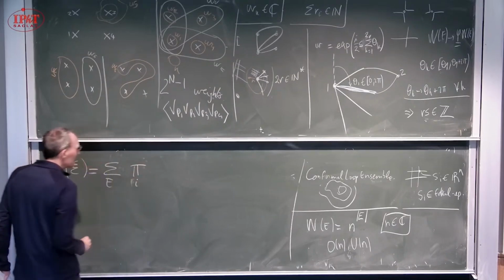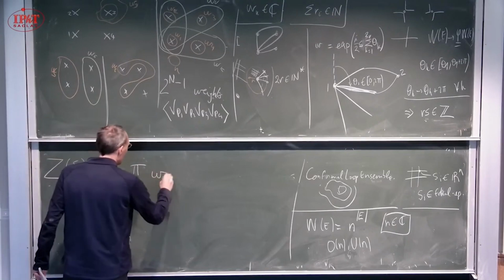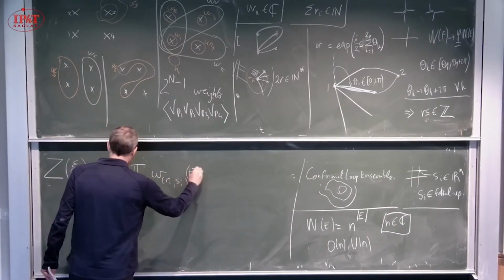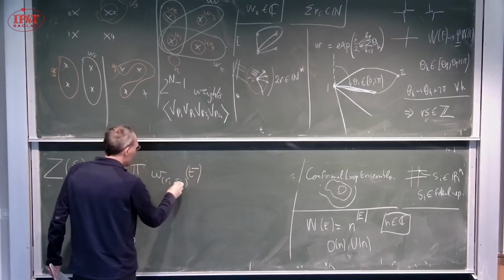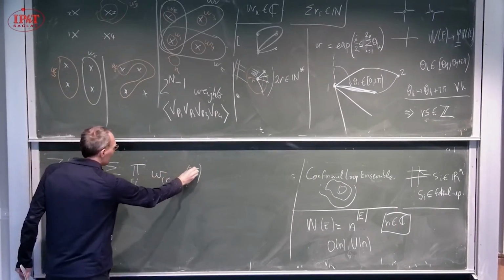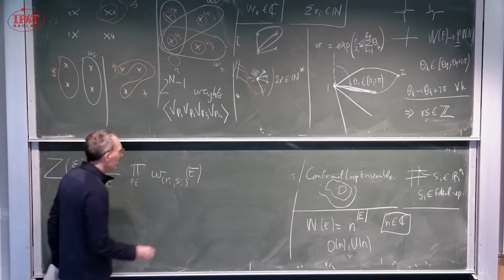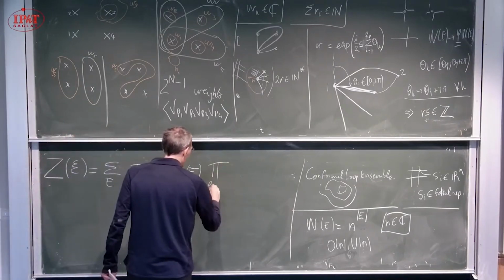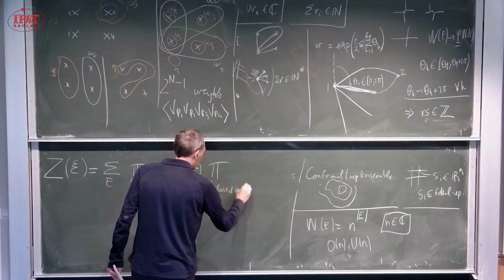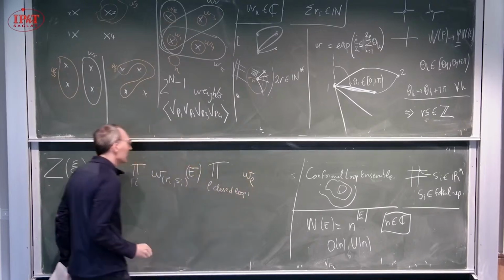Let's call them I, product over I of some W. So now the punctures are labeled by Ri and Si. And each puncture associates some weight over there to some configuration of loops. And then I have a product over closed loops of the corresponding weight factors.